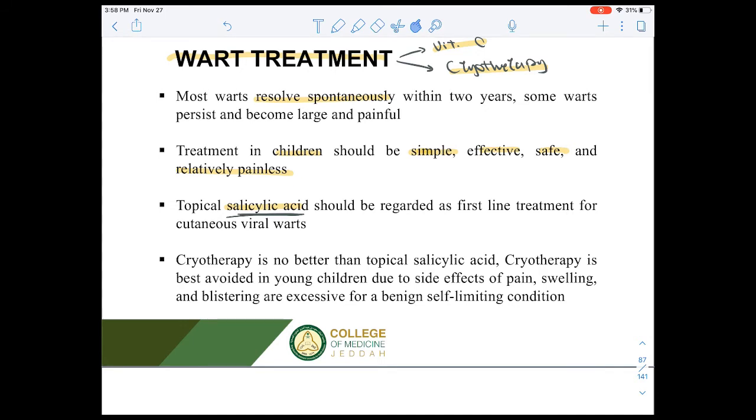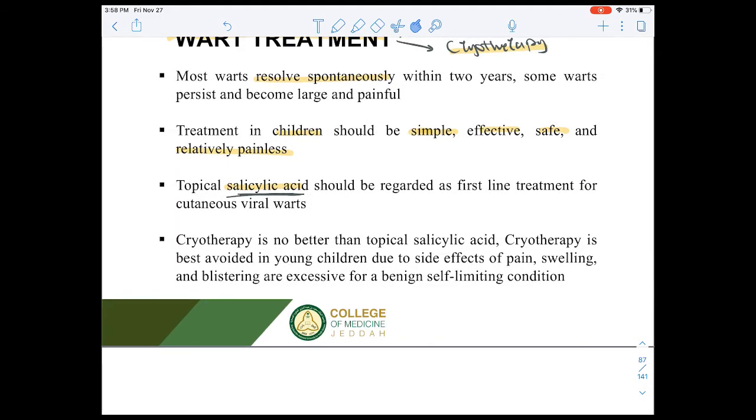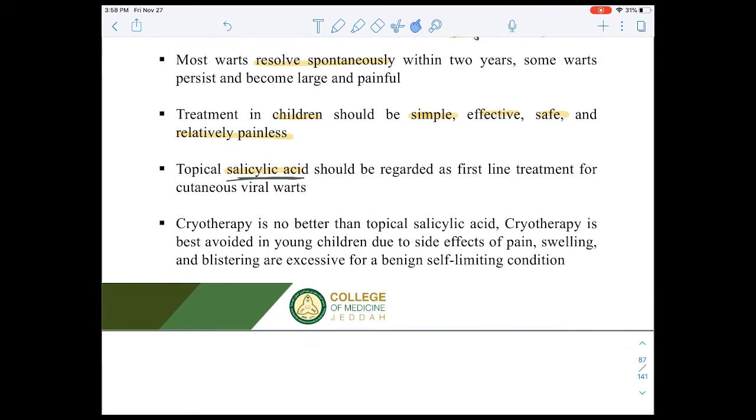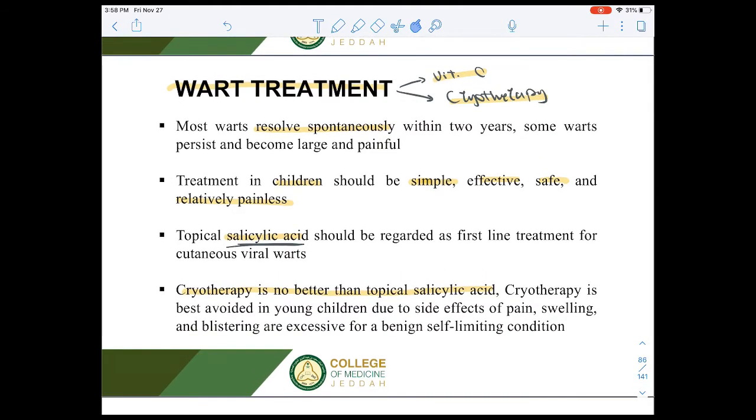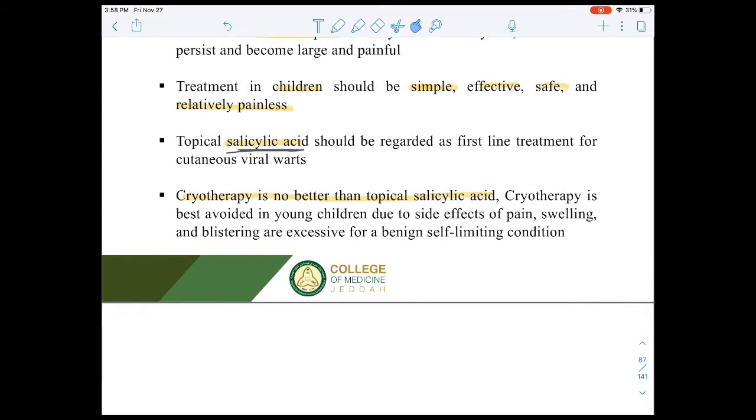So topical salicylic acid should be regarded as first-line treatment for cutaneous viral warts. Cryotherapy is no better than topical salicylic acid, so don't think that because you're going for vitamin C that this is less effective. It's just as effective, and so you shouldn't disregard it from the list of treatments that you might have.